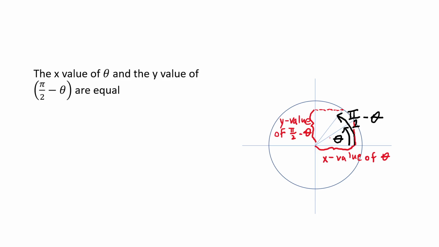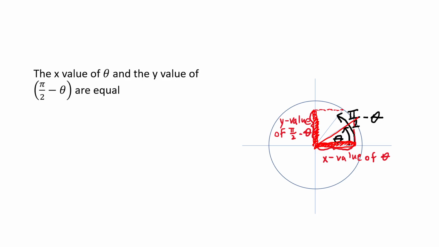If we look at the lower terminal arm, which we've called theta, and look at its x-coordinate, and then the upper terminal arm, which for us is pi over 2 minus theta, and look at its y-coordinate, we'll see that that relationship holds true as well.